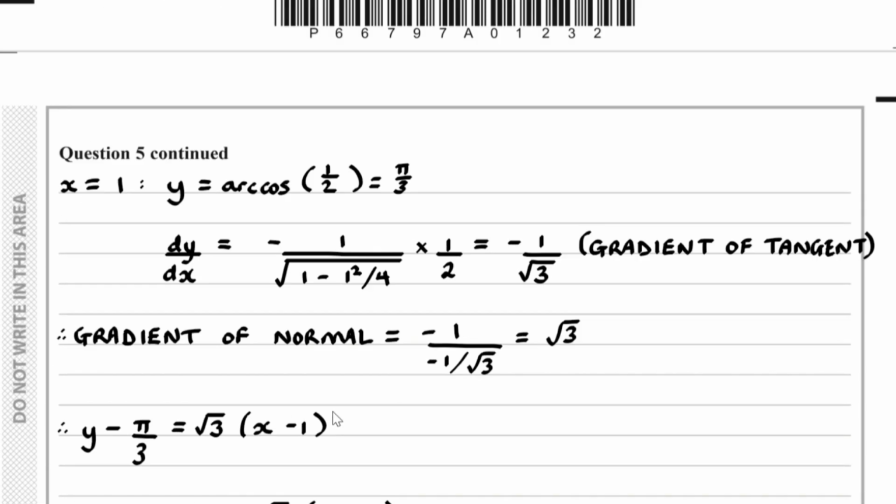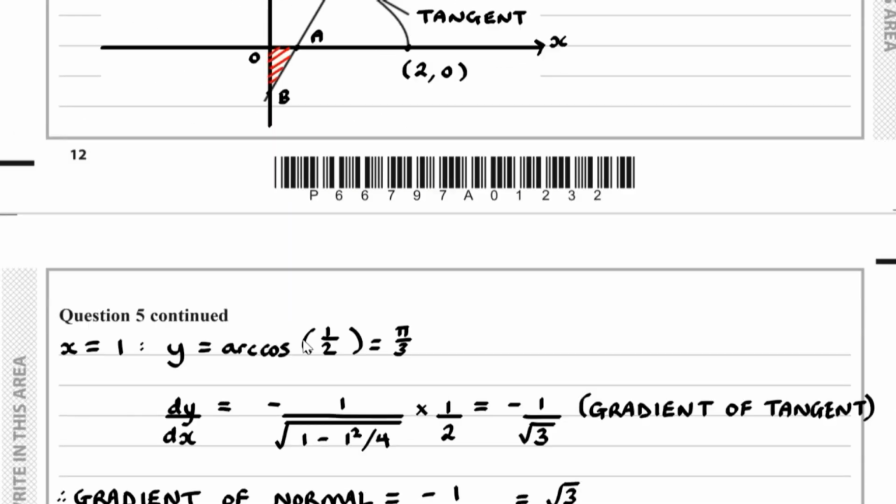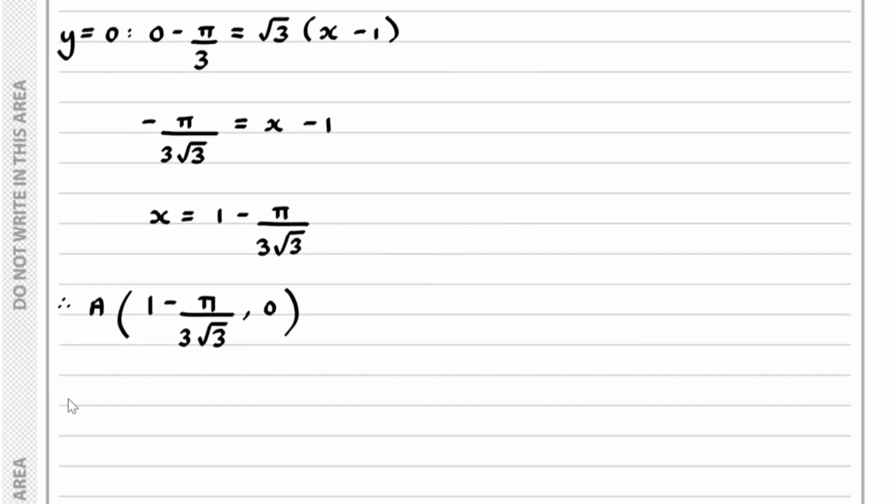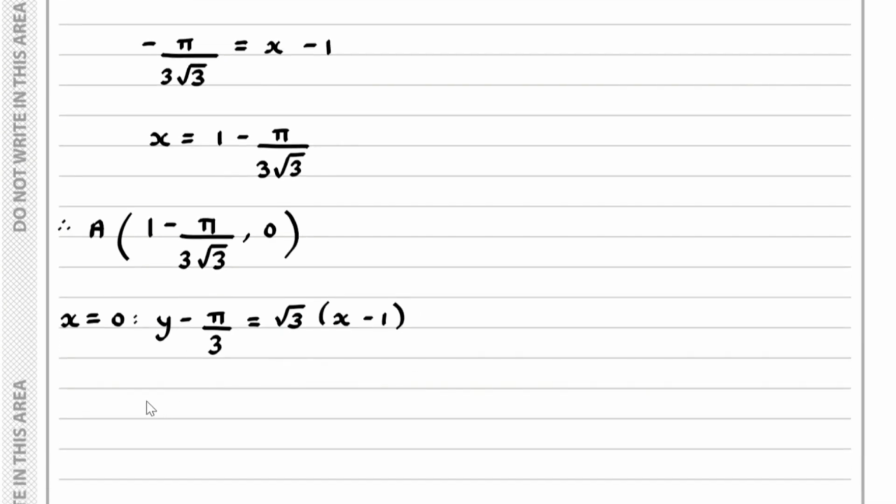We can also find out the coordinate of B by setting x equal to 0. When x is 0, y is, well, we've got y minus pi over 3 equals root 3 lots of x minus 1, rather 0 minus 1.